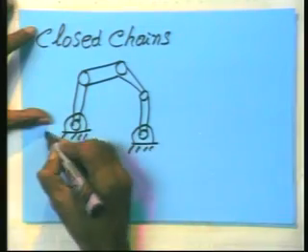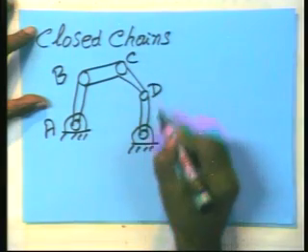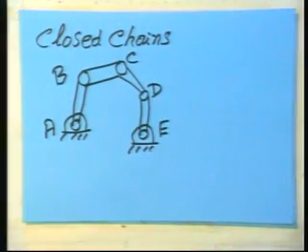I will name it A, B, C, D. It's a 5-sided figure, right? A quadrilateral is 4-sided. I won't call it a pentagon because that's a special 5-sided. I will call it a 5-bar chain. You can count 1, 2, 3, 4 and the fixed link as the 5th.